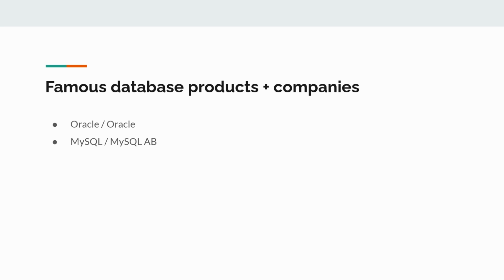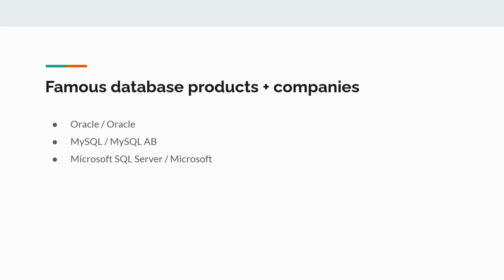Then we have the database MySQL. The name is abbreviated from SQL, which is the structured query language, which is used to build databases. So if you know SQL, you can basically work with databases, relational databases at least. And MySQL is a database based on SQL, and it's developed by MySQL AB.